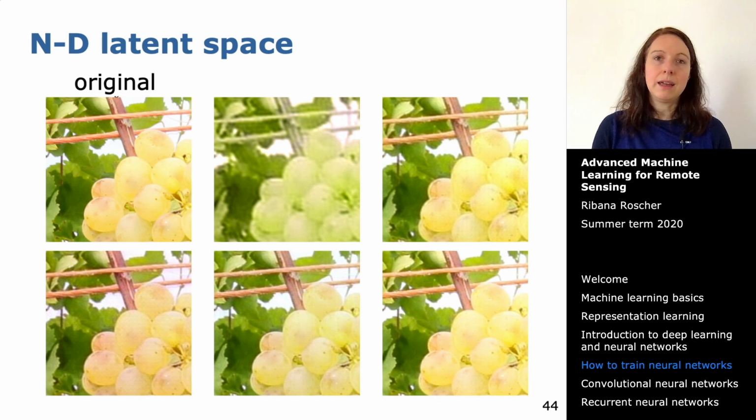But again, there's no rule of thumb for how big your bottleneck layer should be and how many neurons you should use there. You need to try, and it mostly depends on the complexity and the structure existent in your input data.